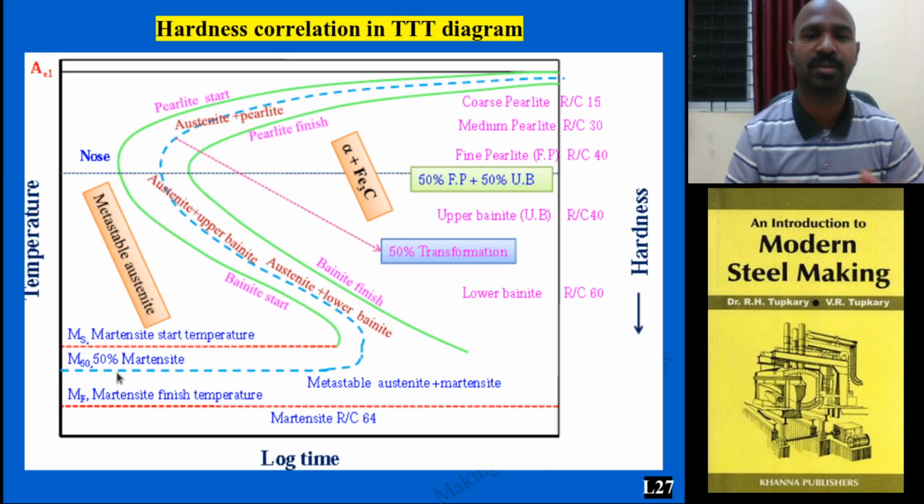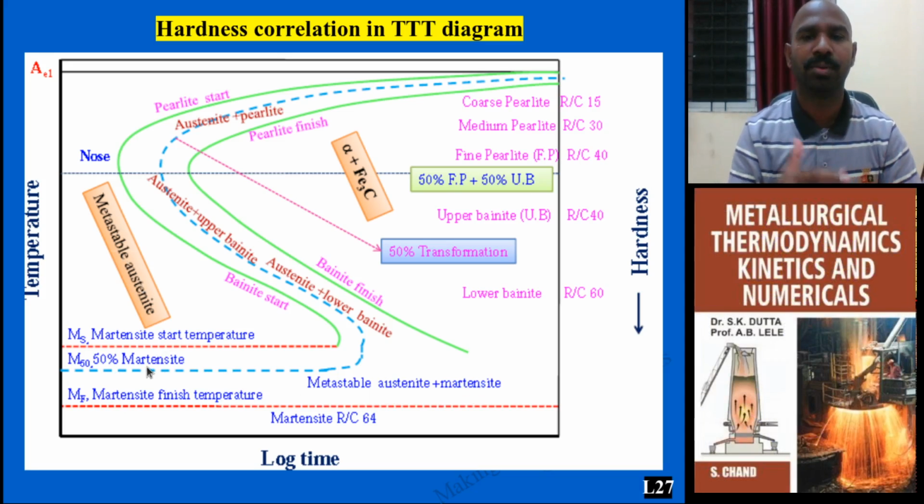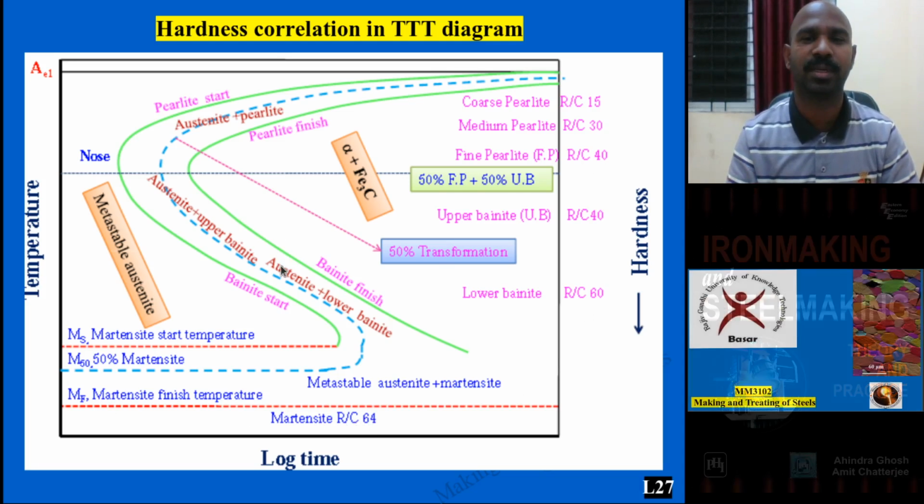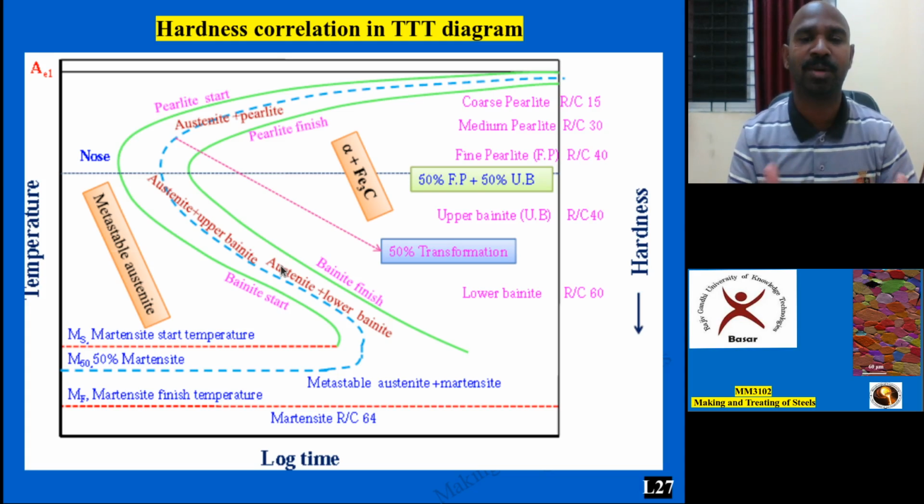At this line, 50% martensite, 50% austenite. Here it is completely martensite. The martensite hardness is C scale 64, the highest hardness. All these details are experimentally proven with microstructural correlation. Well organized scientific articles and textbooks are there.